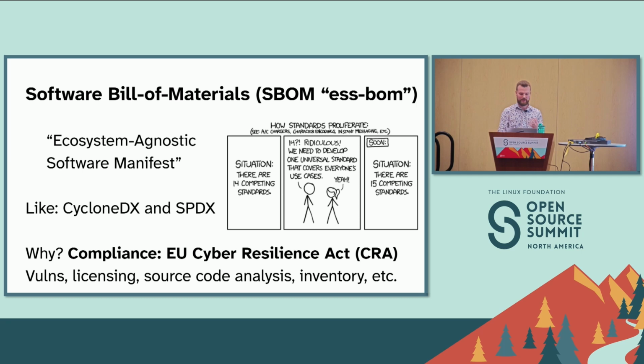So SBOMs are for all software, regardless of what ecosystem. There are a handful of SBOM standards like CycloneDX and SPDX. Those are the common ones. SBOMs are really important for other reasons besides what we'll be using them for today, including compliance, vulnerability scanning, licensing, source code analysis, and then there's also the Cyber Resilience Act, small piece of legislation.